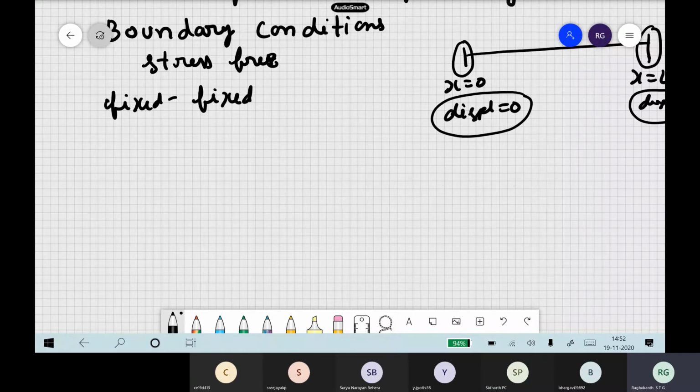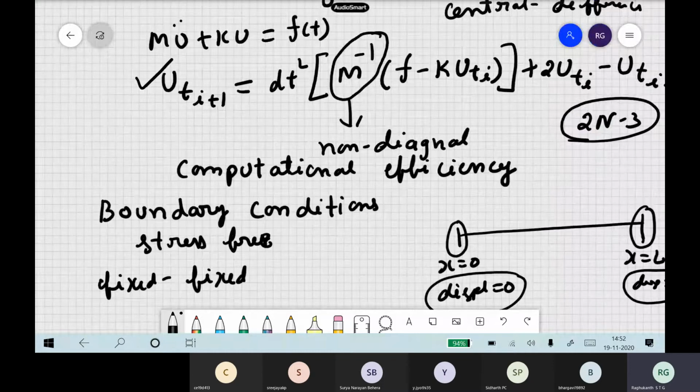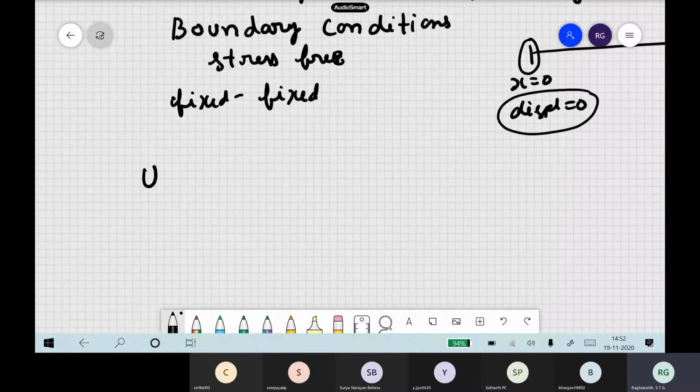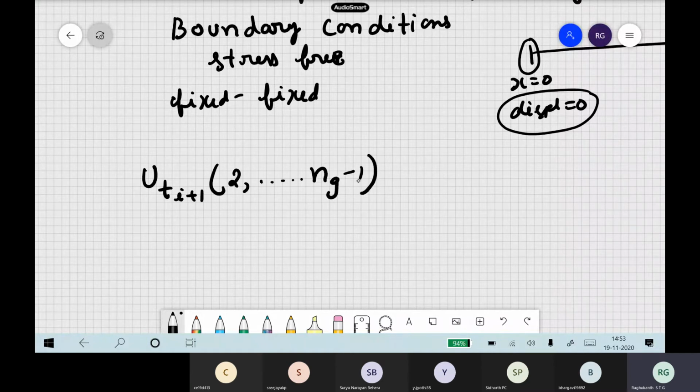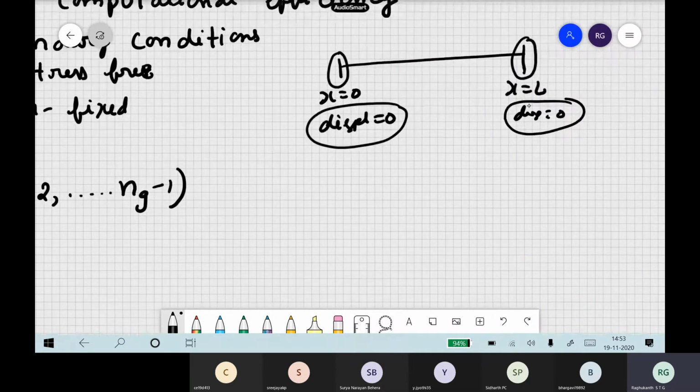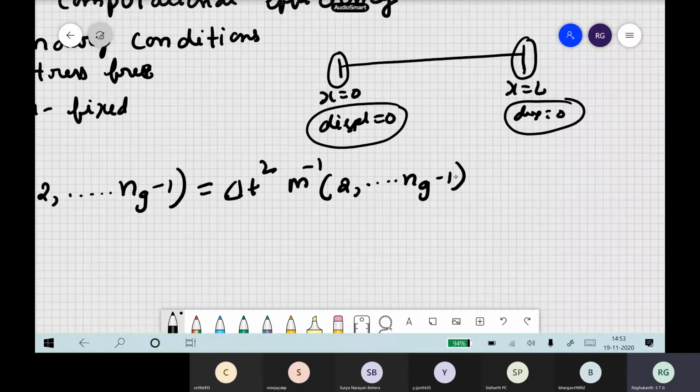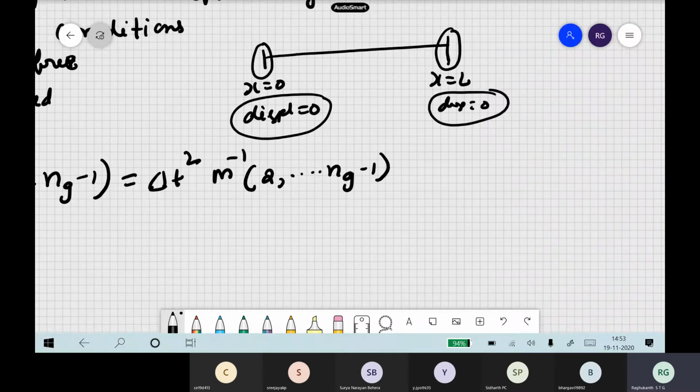So finally, in this scheme also, if you want to write it, our equation becomes u at t_{i+1}, and we have this at all the nodes. Only the first node, that row and column has been deleted, because displacement anyway is 0. Similarly, the last one also is 0. So we write the same delta, this is M inverse. My mass matrix also, we have deleted those corresponding numbers.